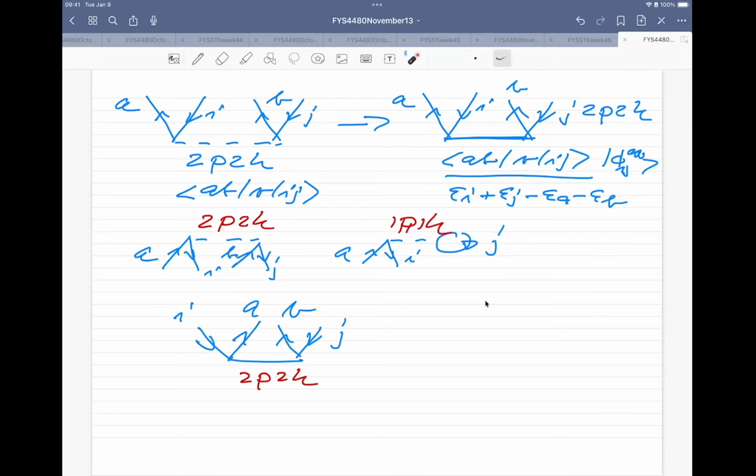This process here represents a de-excitation back to the ground state. Here, I could only link this one with that one, and that will leave these two uncontracted. And I know that if I take the contraction between these two guys, that should give me zero because they're different. So the only diagram which I can link this one is actually with that one.